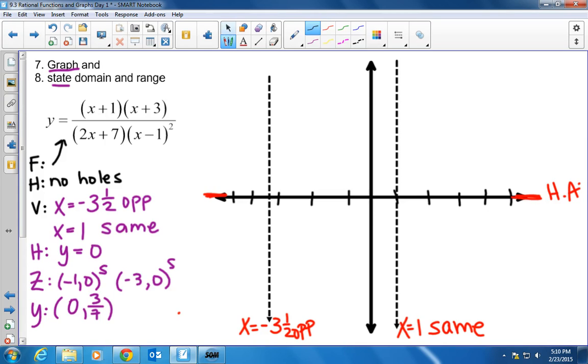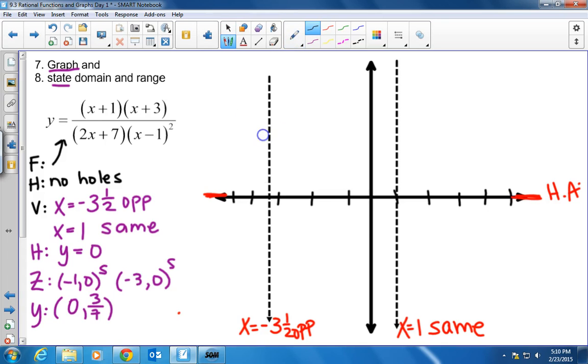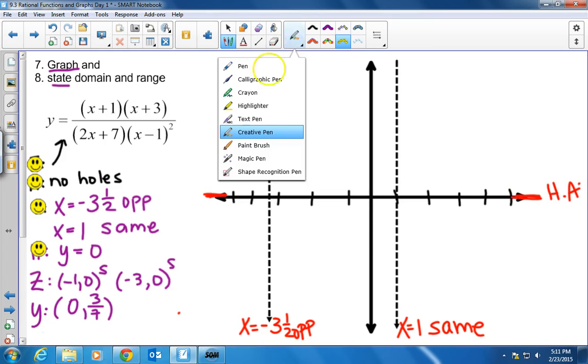So let's see what we've done so far. We have definitely factored, so that's done. There's no holes, so we don't have to worry about that. And then we did our vertical asymptotes and our horizontal asymptote. So here we are where we need to graph our zeros.